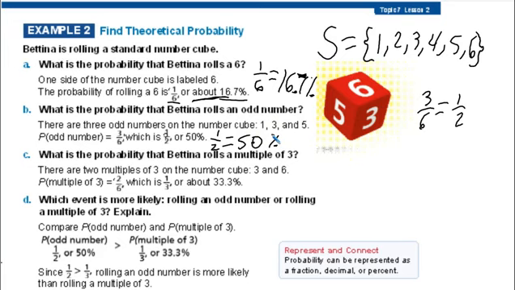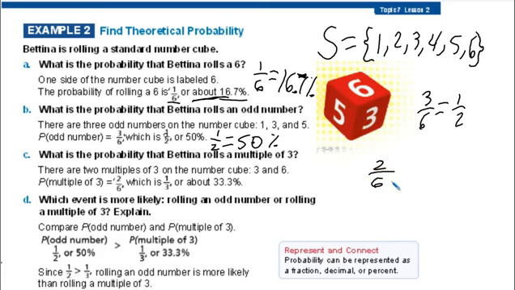What is the probability that Bettina rolls a multiple of 3? So, what are the multiples of 3? 3, 6, 9, 12, 15, 18. You guys should know, all right? So how many multiples of 3 are there? Just 3 and 6. So that's 2 numbers out of the possible 6. The bottom number is not changing.